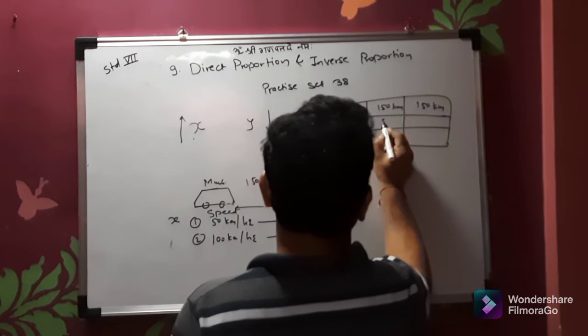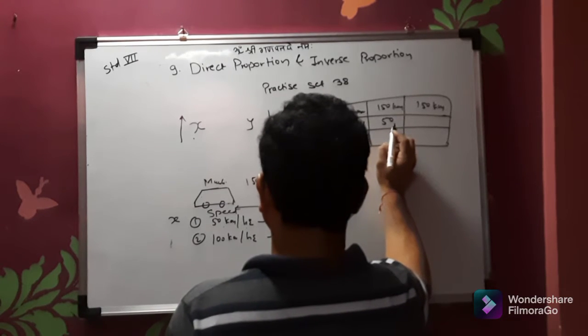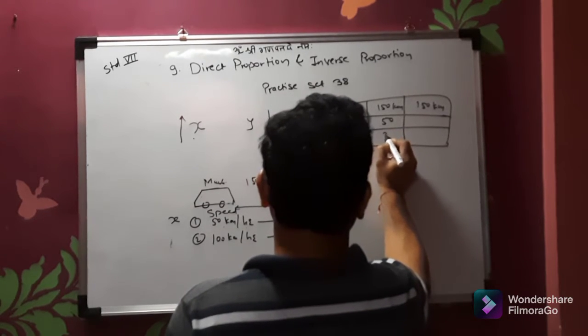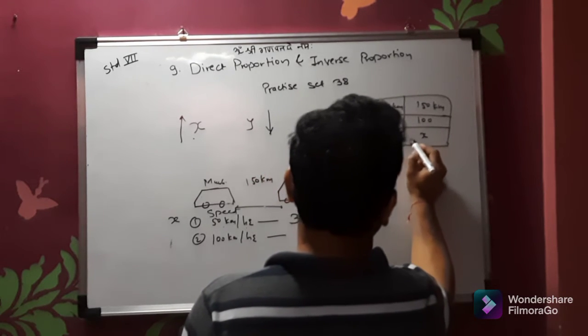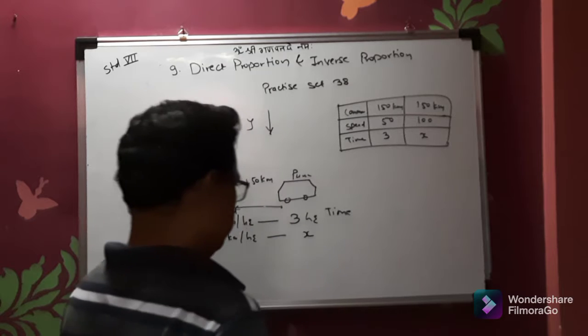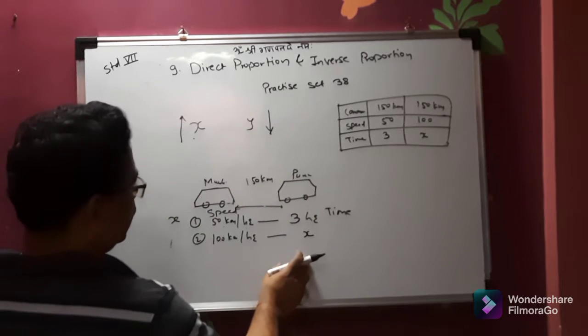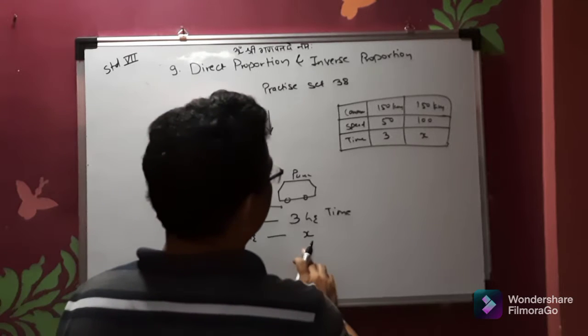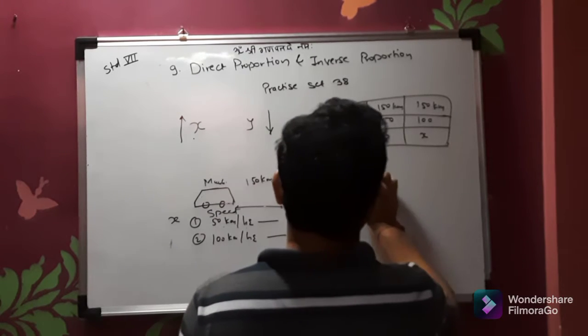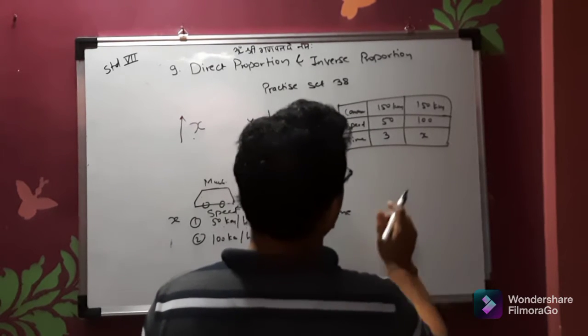So first vehicle is moving at a rate of 50 kilometer per hour. At that time it takes 3 hours. When the second moves at 100 kilometer per hour, we don't know what will be the answer. We know the logical answer is 1.5 hour, but we will see by solving the inverse proportion how we will get this answer.